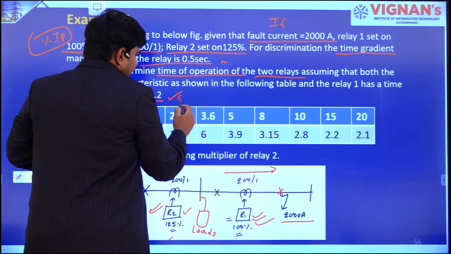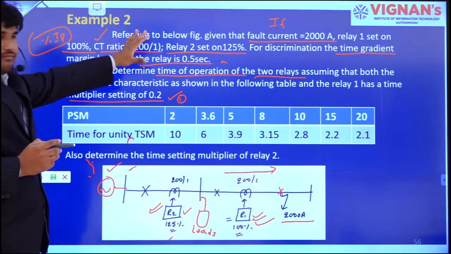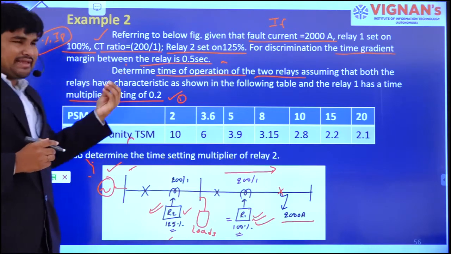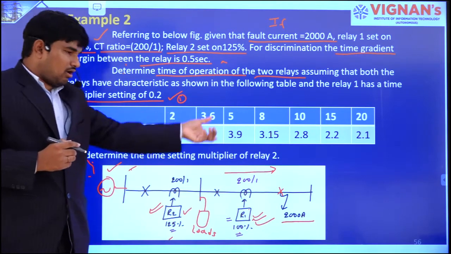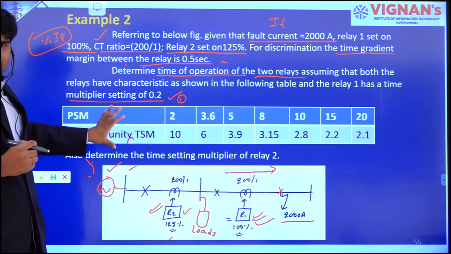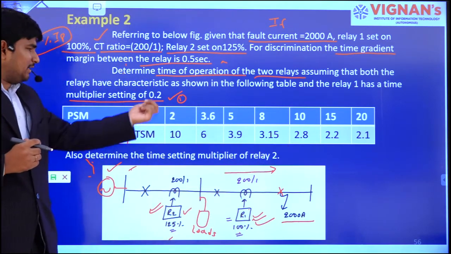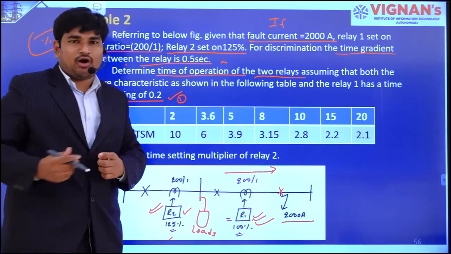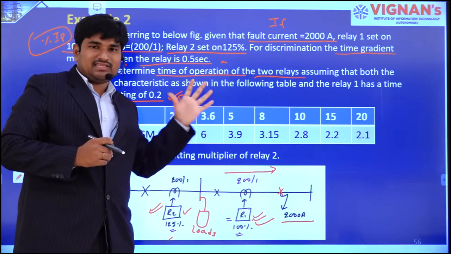So by calculating with this given data, I can get the plug setting multiplier, then I will find the operating time with the help of these characteristics. The obtained value of time will be multiplied with the TMS value, then I can get the actual value of operating time for relay 1. So this is for relay 1.